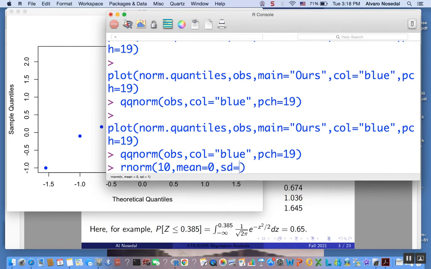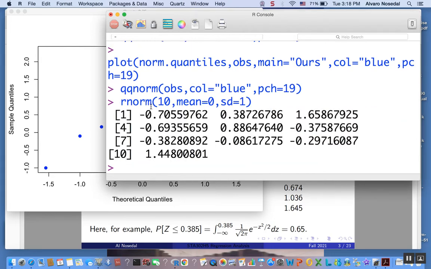The default would be 0 for the mean, standard deviation 1. So if I didn't do this, R would draw 10 random numbers from a normal with mean 0 and standard deviation 1, even if I didn't specify these. It's just to stress that you could change these parameters here, okay?